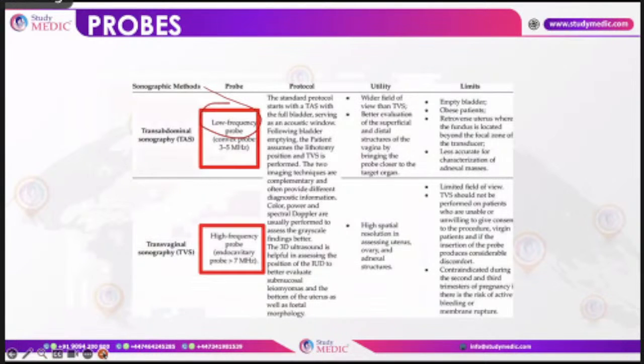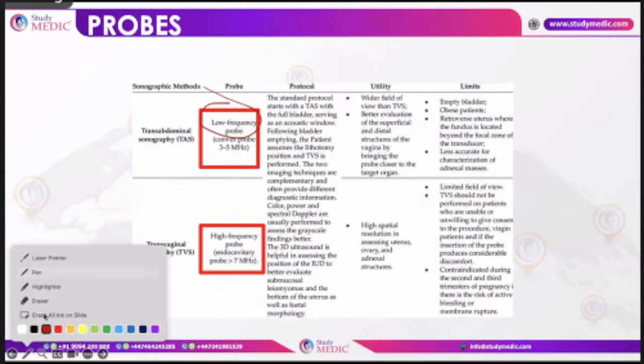Transvaginal is a high frequency probe. Because transabdominal is low frequency, it might not be able to penetrate in obese patients, so in obese patients you always use a transvaginal scan. And remember, in case of any ovarian cyst, it's always a good idea to do a transvaginal scan if they are sexually active. These two questions you need to know because they are commonly asked.